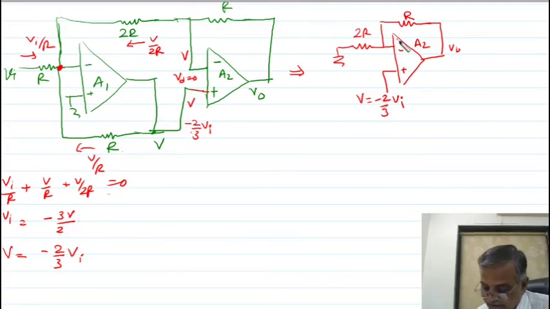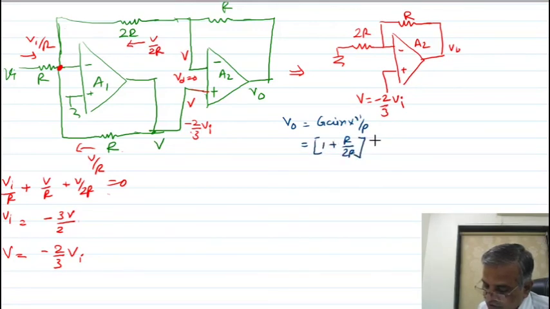For a non-inverting amplifier, you know that the output voltage Vo is the gain multiplied by the input. What is your gain? 1 plus R upon 2R. What is your input? Minus 2 by 3 into Vi.